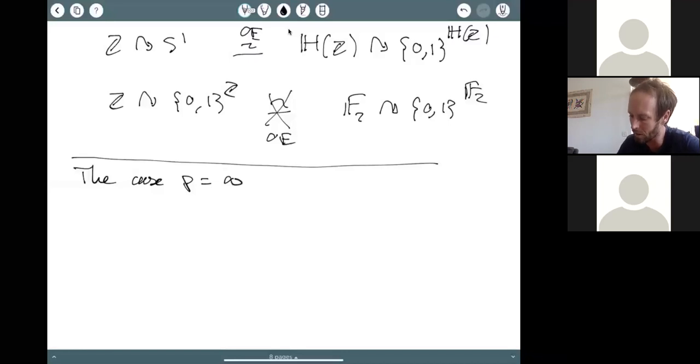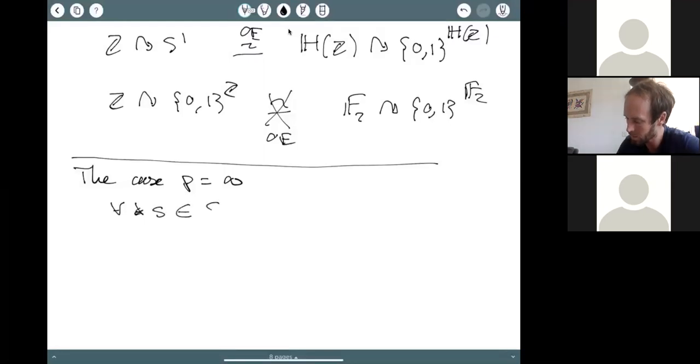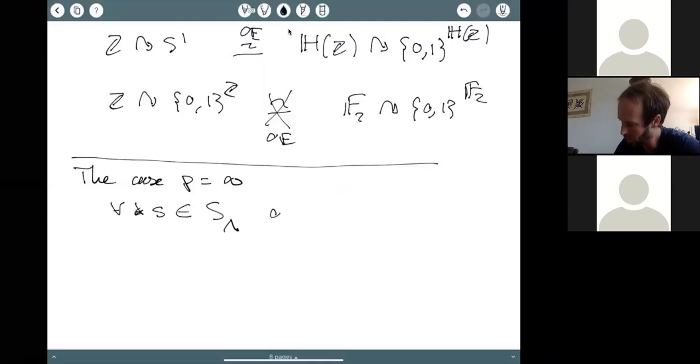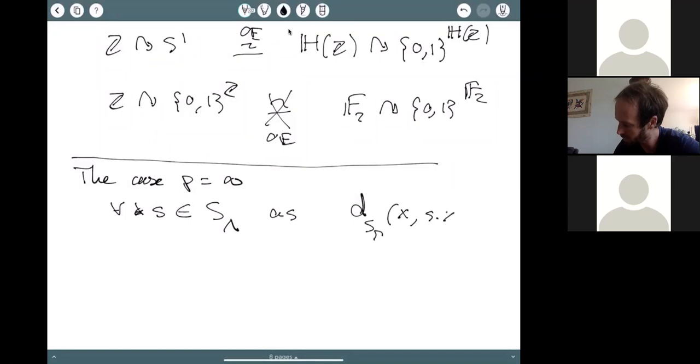It means that for every s in S_Λ, you have that almost surely the distance measured with S_Γ between x and sx is finite, so it's less than a constant.